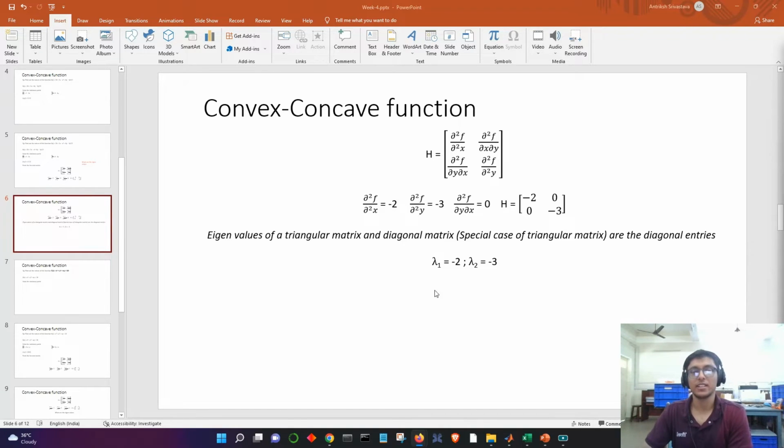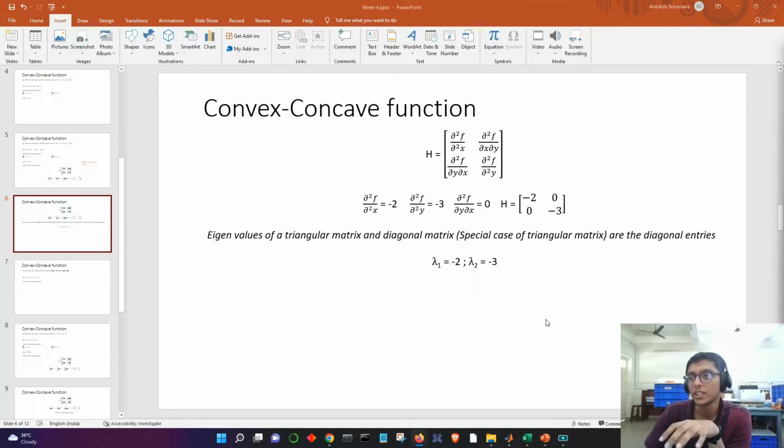As I said earlier in previous videos, when all the eigenvalues are negative, then that particular matrix is negative definite, and when all the eigenvalues are positive, then the matrix is positive definite.